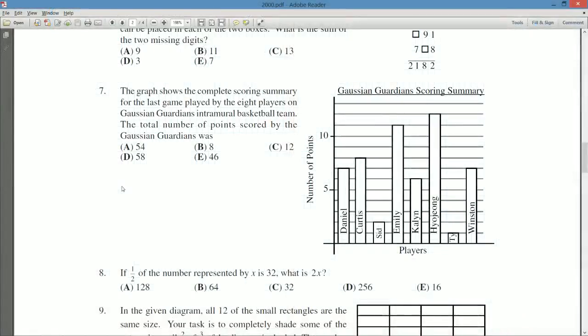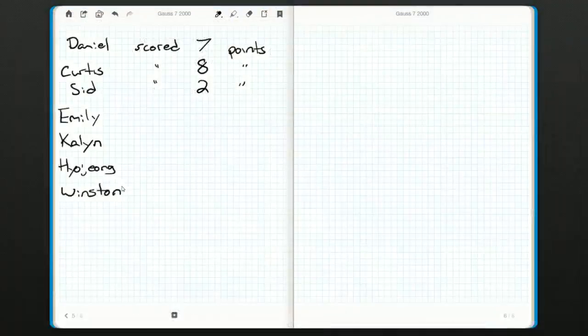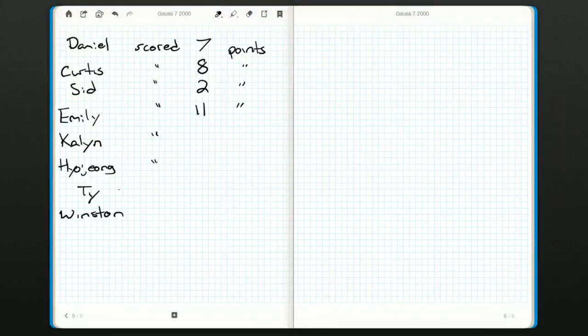And, oh no, I forgot Ty. How silly of me. Ty and Winston. And I already said Emily scored 11, because her bar went all the way up to the 11th one. Put these little quotes in here, it just means scored. I just don't want to keep writing out scored.